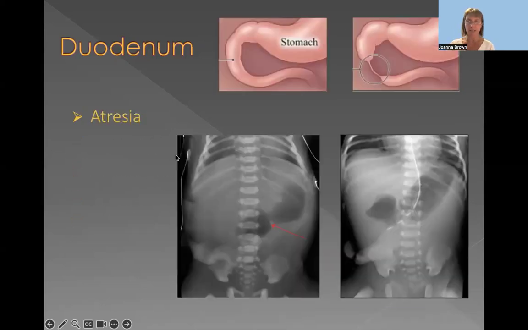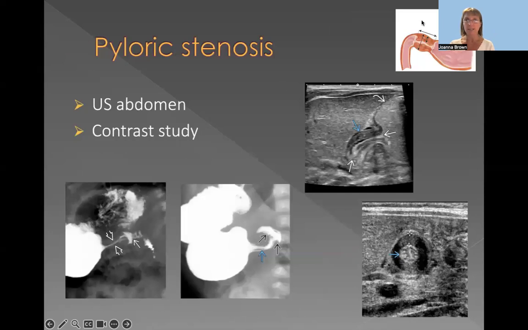Where you look here, you can see that this is part of the mucosa. So this is mucosa and submucosa, and this is a thick wall of the pyloric, and this is what you can see here.